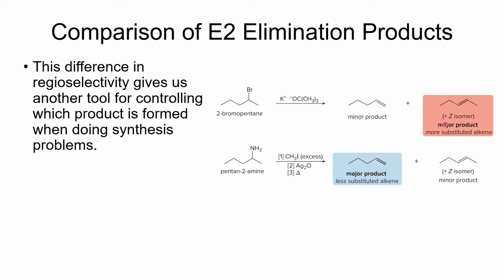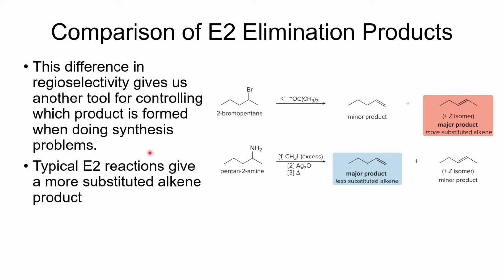We can form both, but we'll get more of the more substituted alkene. And of course, we will get both the E and the Z isomer, so we'll get that pair of diastereomers. Probably more of the E because it's a little bit more stable, but we're going to get both of those. So that's what happens in a typical E2 reaction.